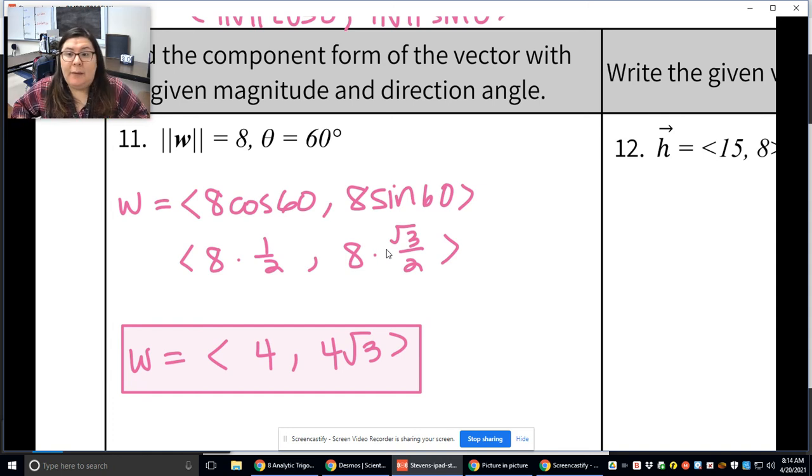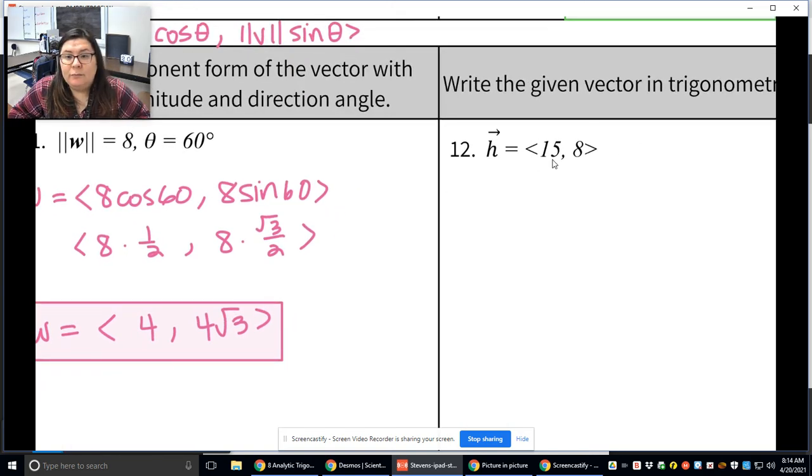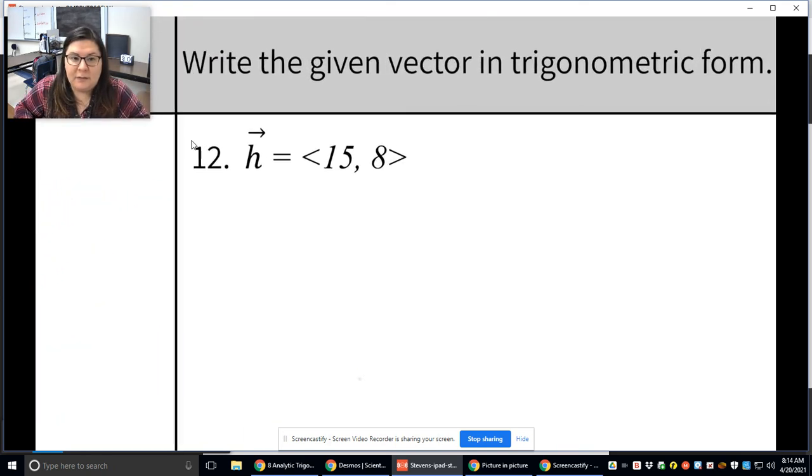Okay, but what about going backwards? What if I have component form and I want to change it into trig form? Well, there's two things I need. We already talked about. I need the magnitude and I need the angle. Magnitude, we've already done this a bunch of times, so that's pretty easy to find.